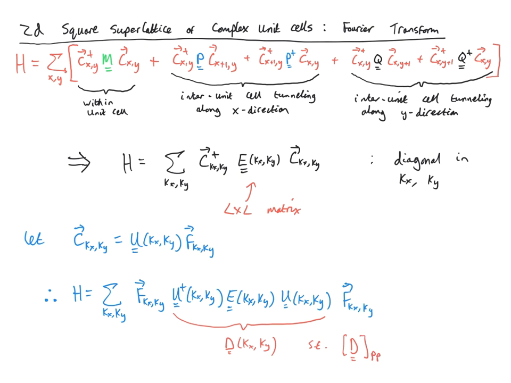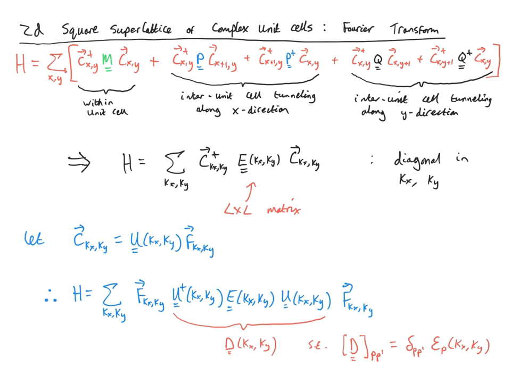Let me give elements of D, with p and p primed, equal to delta p p primed. We want it to be diagonal. And the elements along the diagonal are going to be the energies, finally, of the system. They're going to be given a label epsilon for energy. They're going to depend on kx and ky, and they're going to have a band index p.